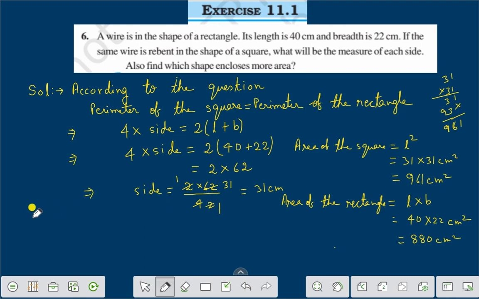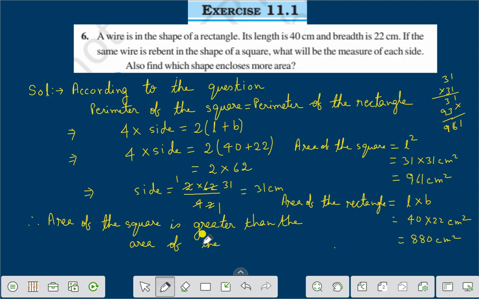Therefore, the area of the square is greater than the area of the rectangle.